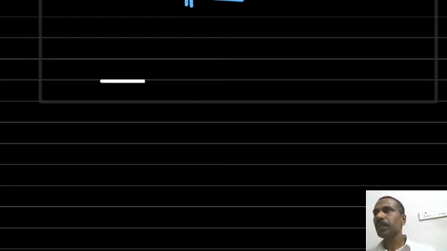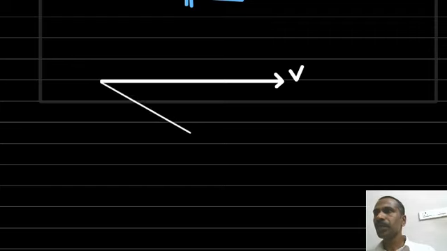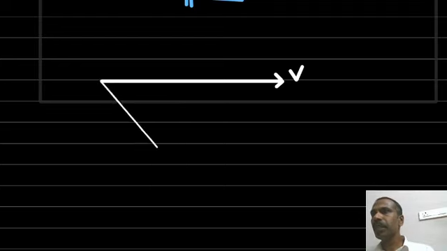Suppose this is our voltage. This is the current drawn by the induction motor. You can mark this as Im. It lags behind the voltage by an angle phi.